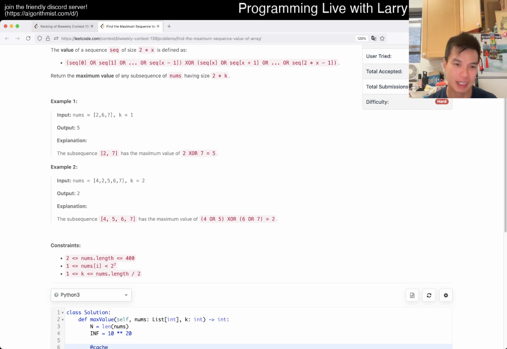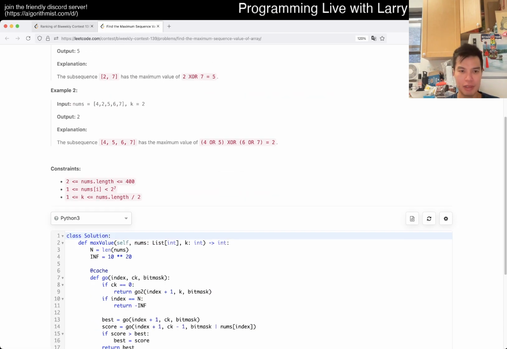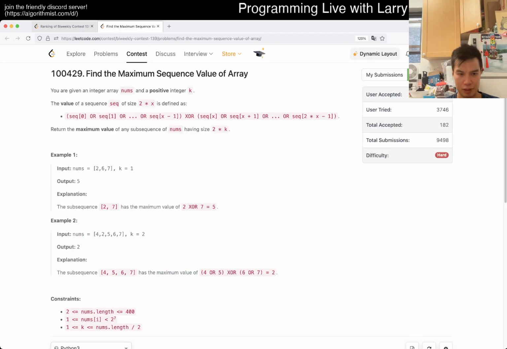How do I handle the K? Alright, let's think of it. If K is equal to 1, then we just have one number here. Okay, that's not helpful. 2 to the 7 though. I think we should be able to do something with 2 to the 7.